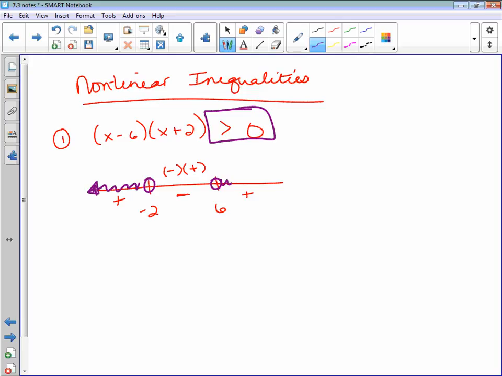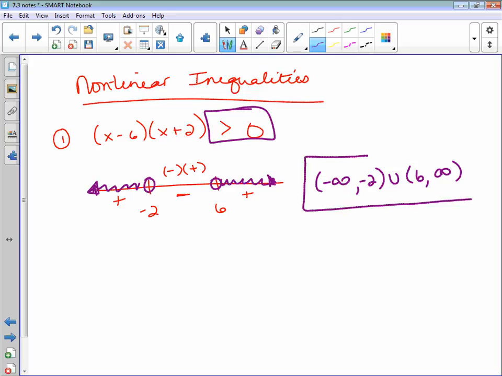Not including the 6, but everything over here. So your answer would be negative infinity to -2, 6 to infinity with soft brackets on all of it. Okay? Does that make sense? Yeah. That's your answer.